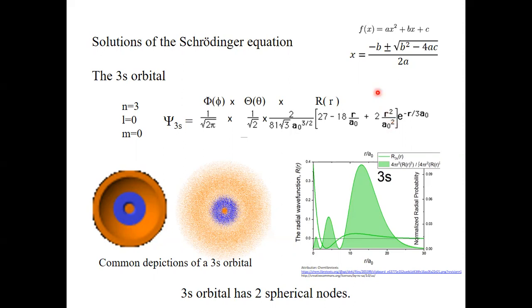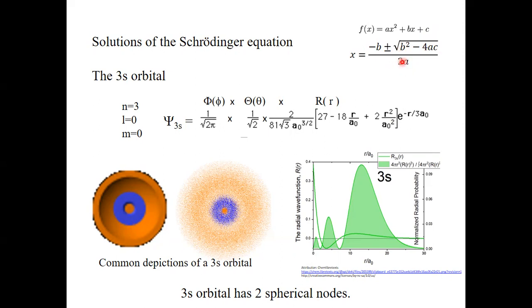And you know that a square function has that general form: f of x is equal to ax squared plus bx plus c, and such a function has 2 solutions, which are given by this formula: x is equal to minus b plus minus the square root of b squared minus 4ac, over 2a.